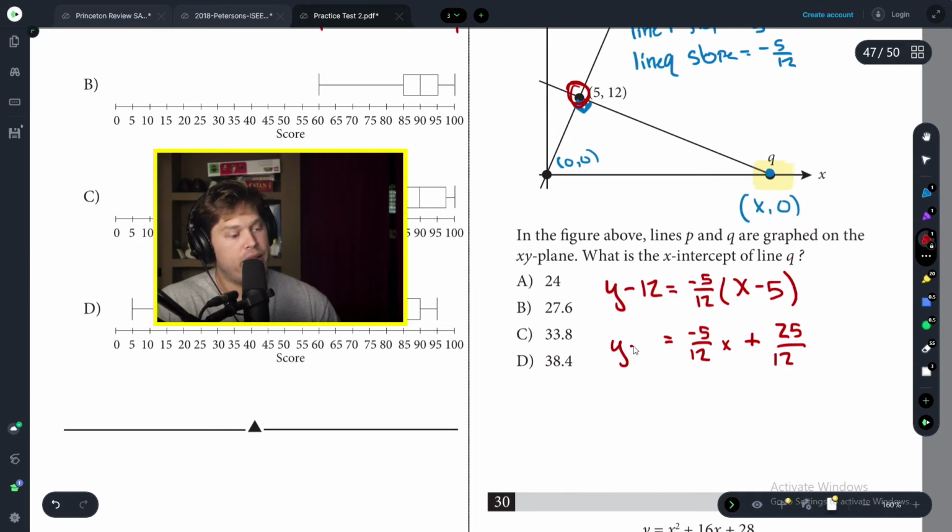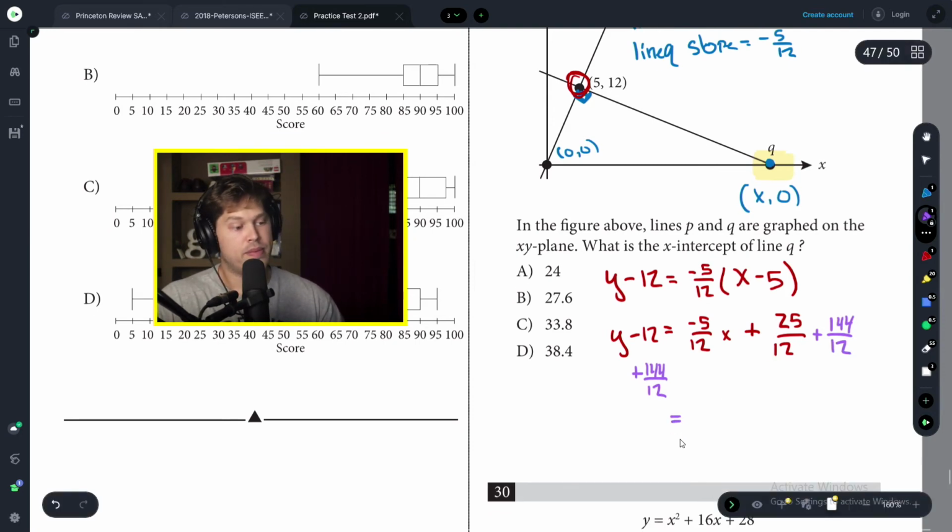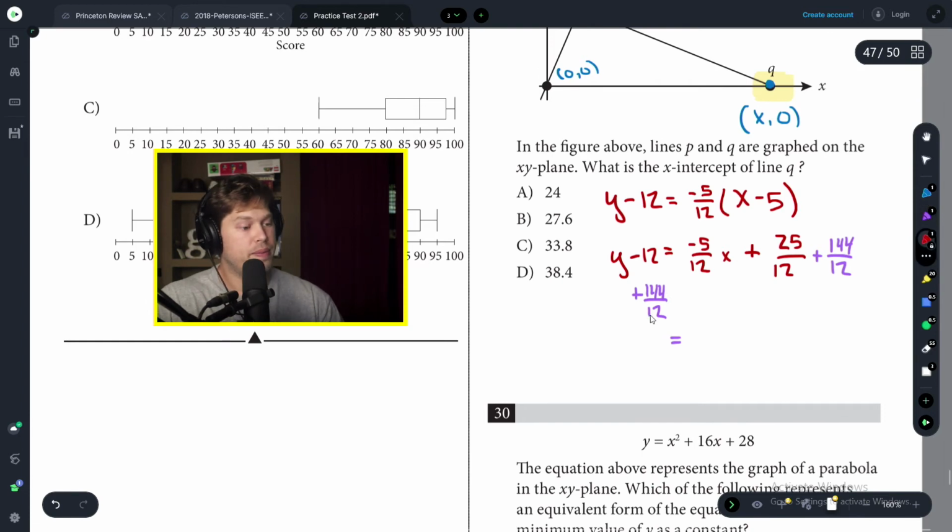And we have a y minus 12 here. So we need to add 12 to both sides. I'm going to think of 12 as 144 over 12, just so we can have the same denominator. So whenever I add 12 to both sides, what do I get? I'll switch back to my red, excuse me. So we have y equals negative 5/12 x plus 169 over 12. And we're still not finished.